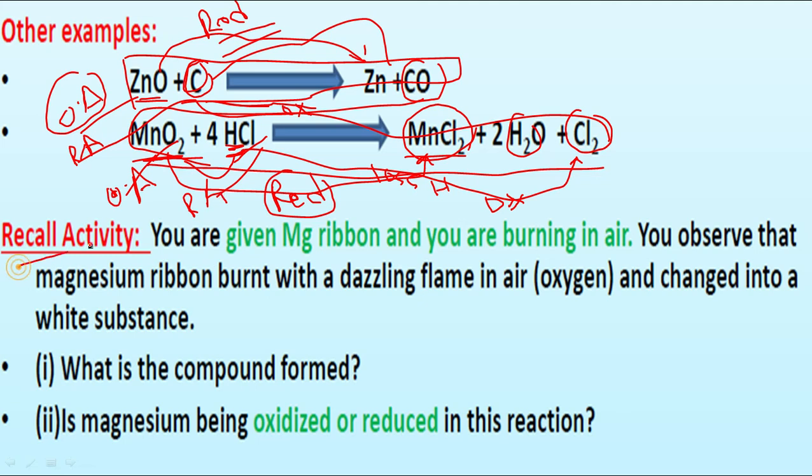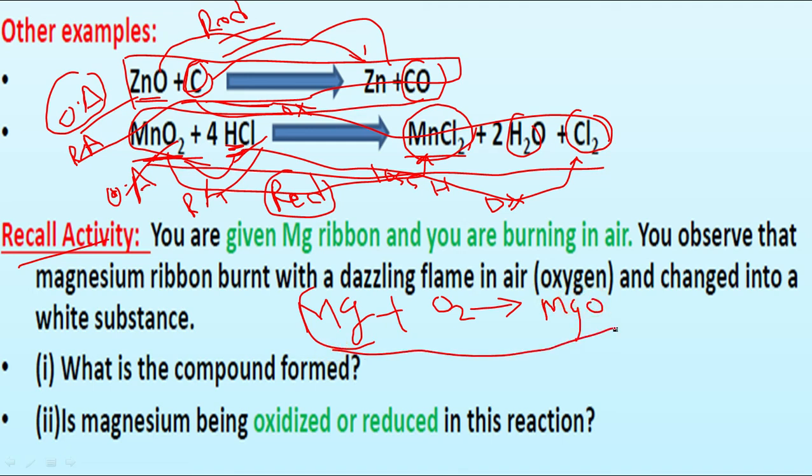Here is one recall activity, where we recall all the activity discussion. A magnesium ribbon is heated under the flame and is converted to magnesium oxide. What process is involved here? The oxidation process is involved, because addition of oxygen is taking place.